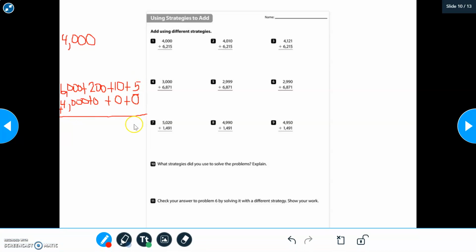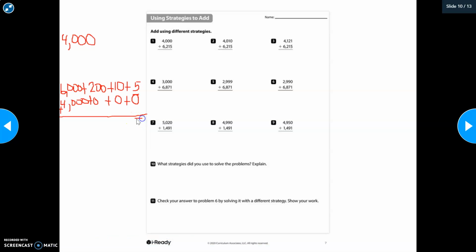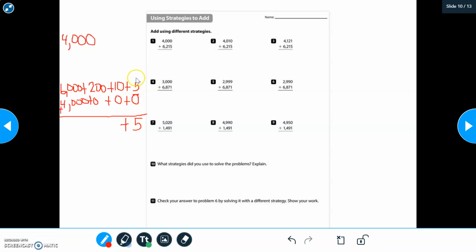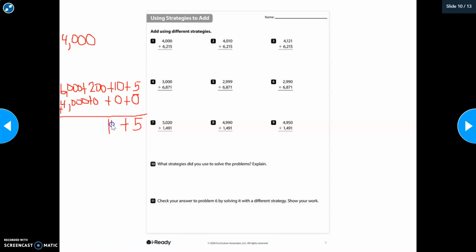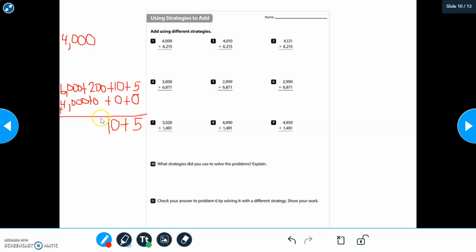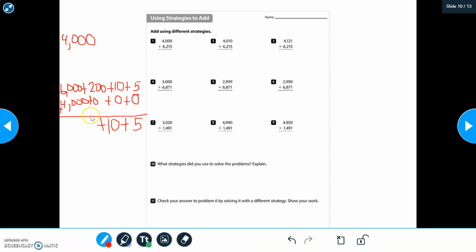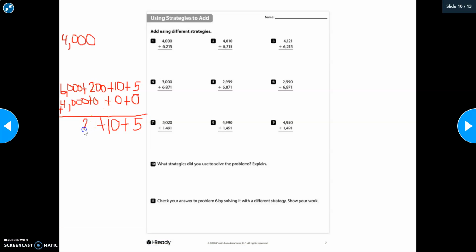Okay, so 5 plus 0 is 5. Drop down my plus sign. 10 plus 0 is 10. 200 plus 0 is 200.